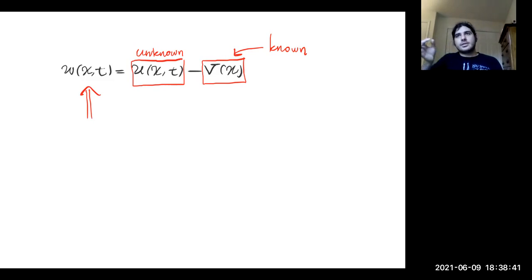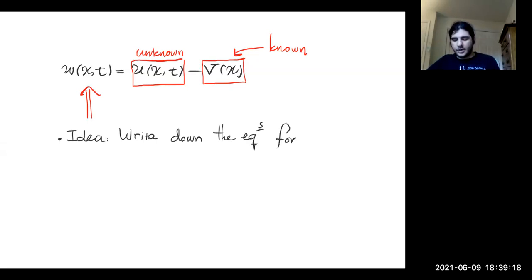A lot of times solving the equation for w rather than u is very similar to the things we did before. In a few cases, we did a kind of trick to go from some non-homogeneous equation to a homogeneous one. It's kind of like that. It makes the equations easier, as we will see. Okay, so the idea is to write down the equations for this new function w.